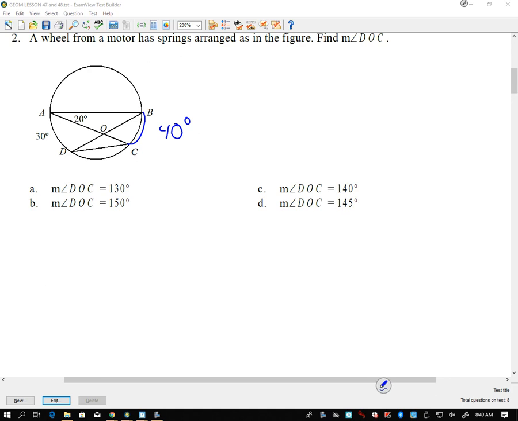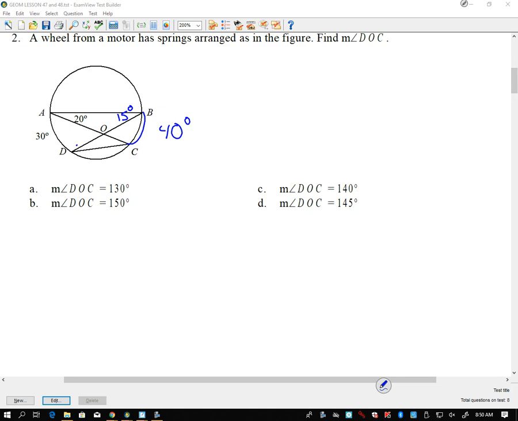Let's see. If this is 15 degrees, what about angle BDC then? It is 20 degrees because it intercepts the same arc, correct?